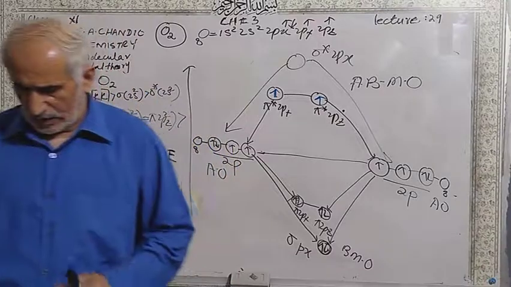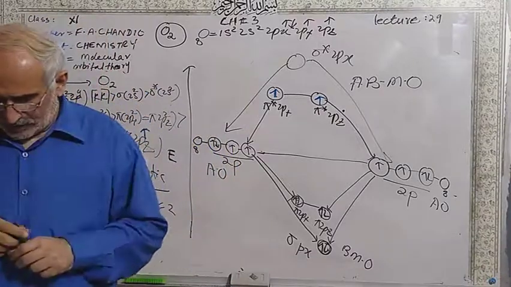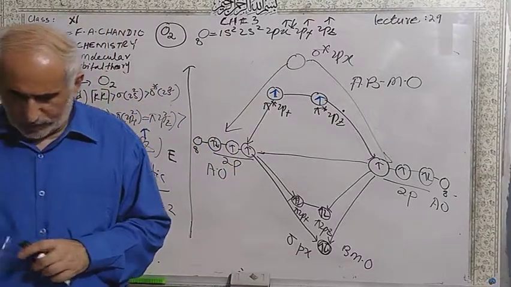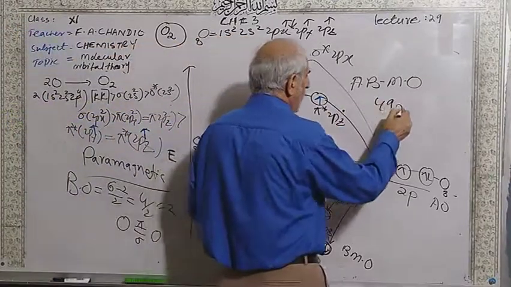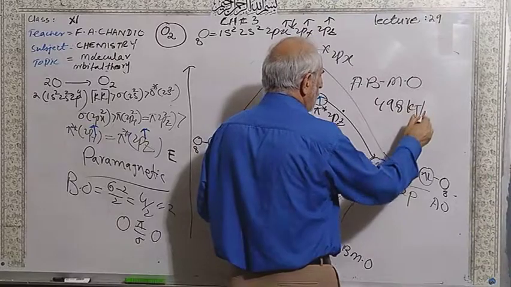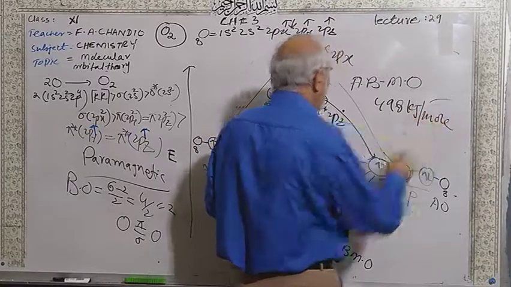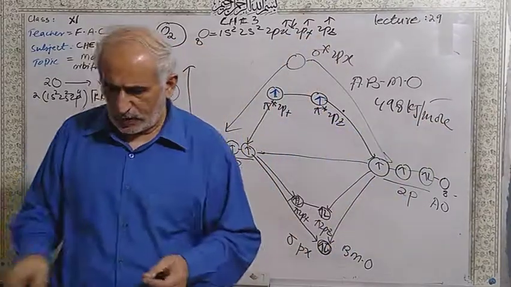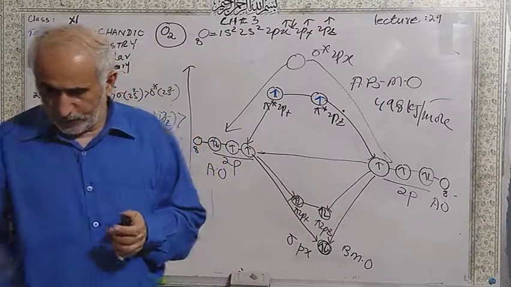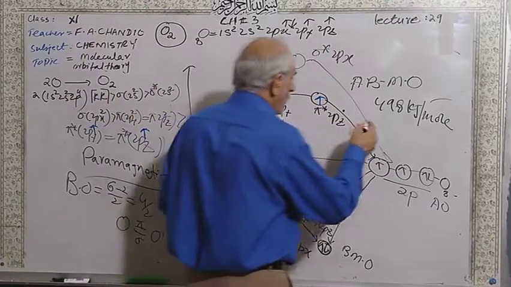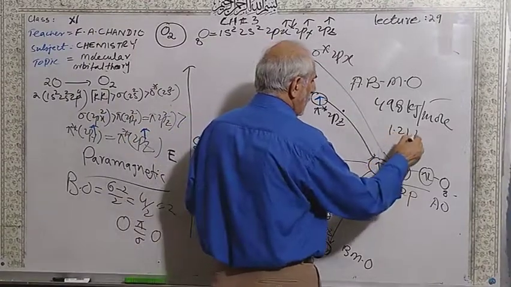Two bonds. Again, a very strong and very stable bond is formed here, because the amount of energy required to break this bond is 498 kilojoules per mole, and the bond length is 1.21 angstrom.